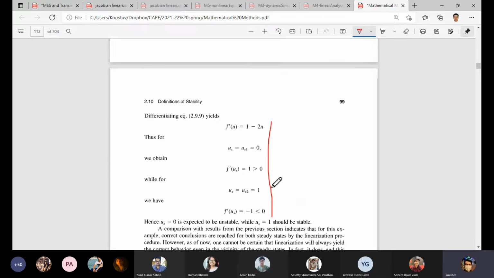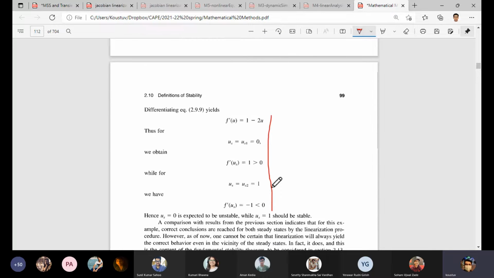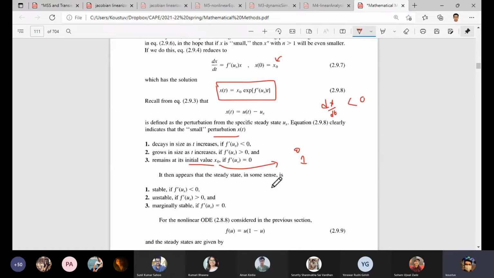This sort of analysis is obtained only after you have linearized it, and it has been shown for single valued functions. If there are two, for example in the CSTR problem, then we have to do it in the same way. Or there are other ways also, which I will discuss now, but this is the standard way of doing it.